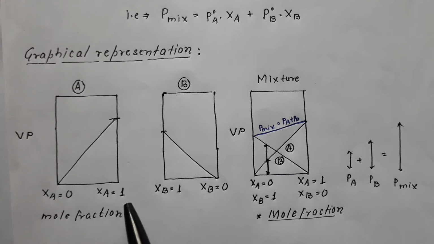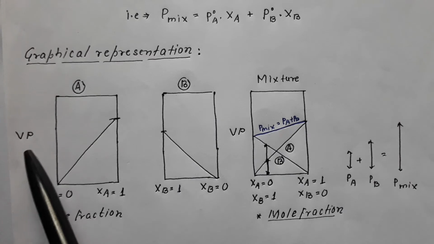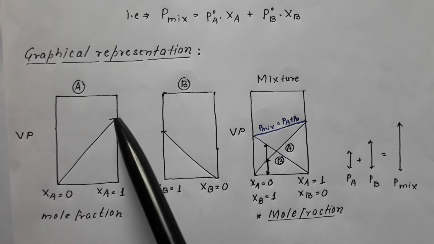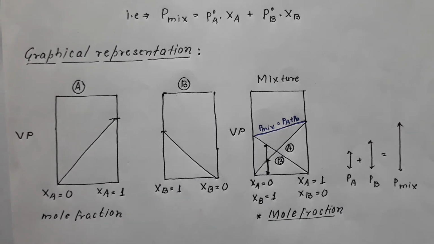When it is 1, that is maximum, vapor pressure is maximum. As the mole fraction of solvent increases, vapor pressure increases.